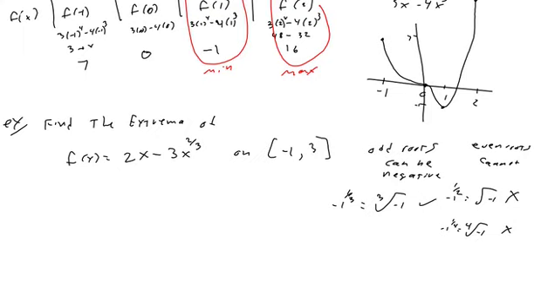Everything's fine. So then our next step is just to do the derivative, d dx. So f prime is going to equal, well, the derivative of 2x is just 2.